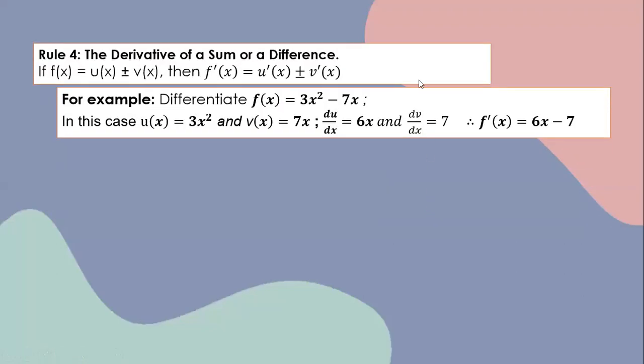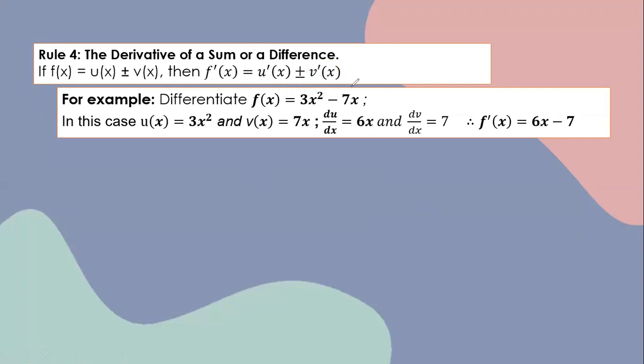Okay, so we have rule number 4, the derivative of a sum or a difference. So if we have two functions tapos pinag-add siya or subtract, so the derivative is equal to the sum and difference also of the derivative of each term. Okay?